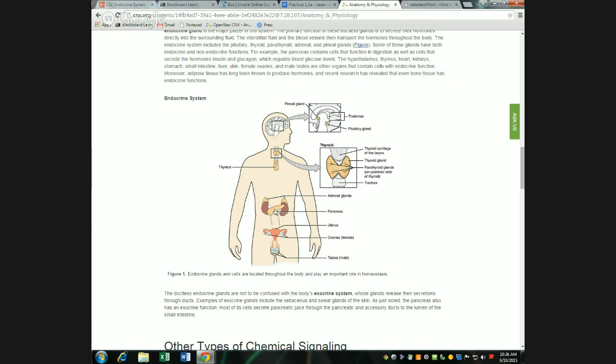It makes digestive enzymes and juices that are secreted into the small intestine. Only about 10% of what it does is endocrine in function, but that endocrine function is fairly well known. People are probably pretty familiar with that, so it gets a lot of press, so to speak. And we'll talk about that, looking at the pancreas on the microscope in a while also.